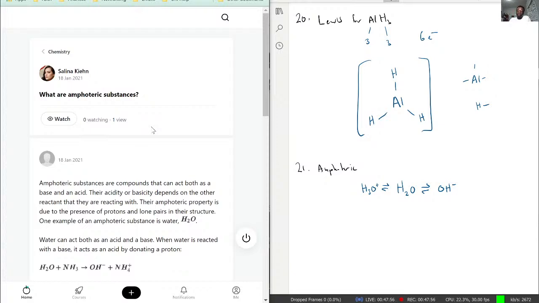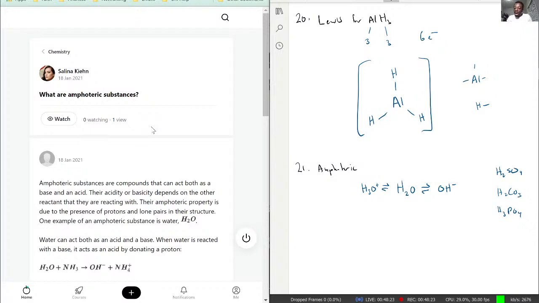Things I'm thinking of are, for example, H2SO4. I'm writing this on the side and you'll see why soon. H2CO3, H3PO4. Let's just stick with those. Those are the ones I can think of off the top of my head.